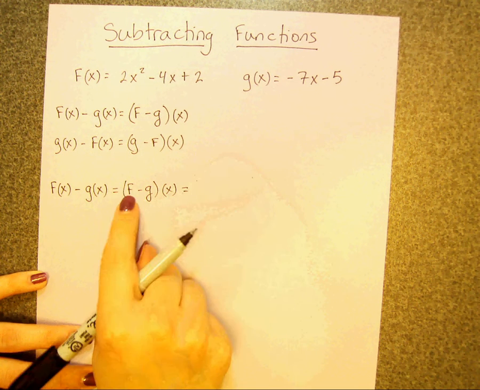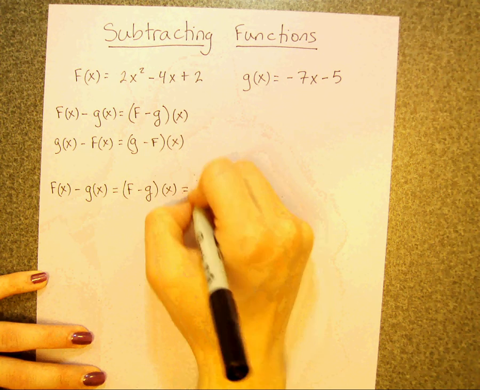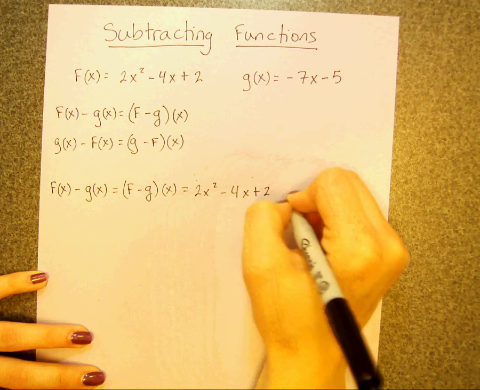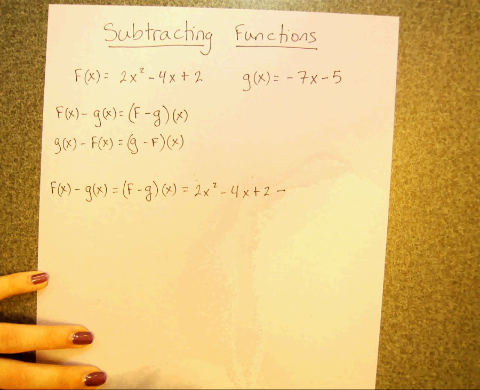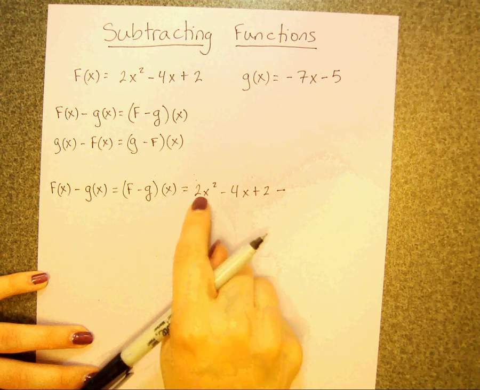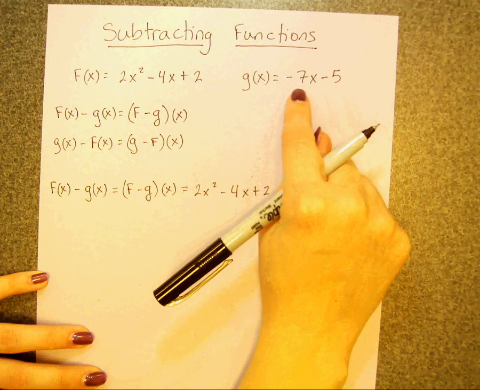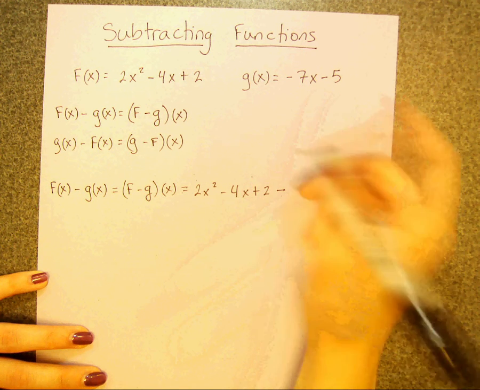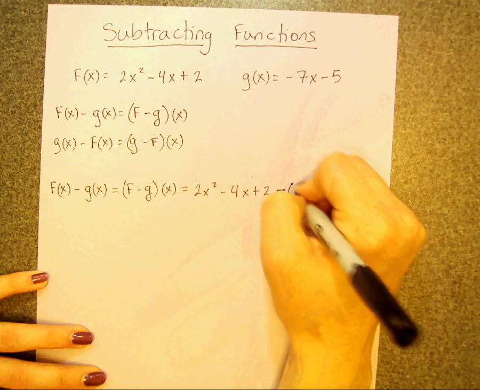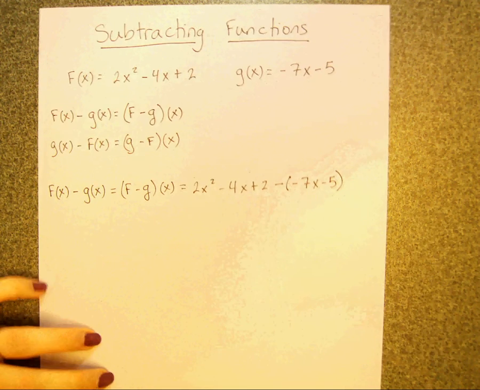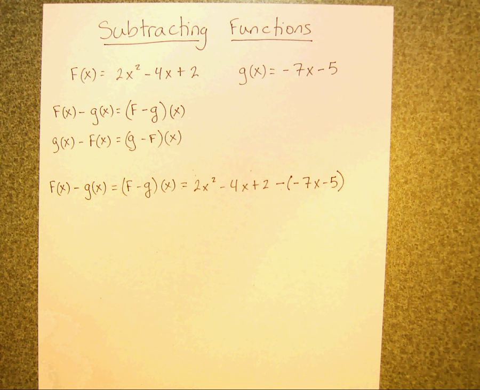So I want to write down all of f, 2x squared minus 4x plus 2, minus, I'm subtracting now, all of g of x, right? I want to subtract this whole thing off. So I'm going to stick g of x inside of parentheses, so I know I am subtracting this whole thing.